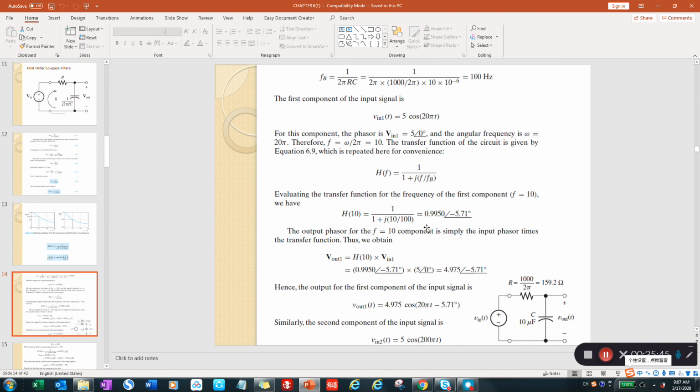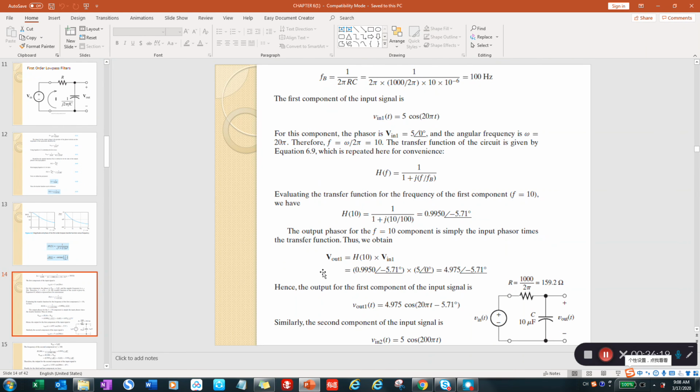So in this case, the transfer function is 0.99 and the phase angle is negative 5.71. The amplitude of 0.99 is almost 1, so for this frequency, the filter didn't do much. Most of this signal component will pass through the filter.